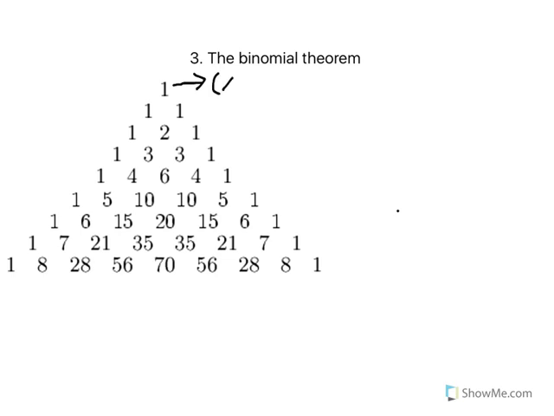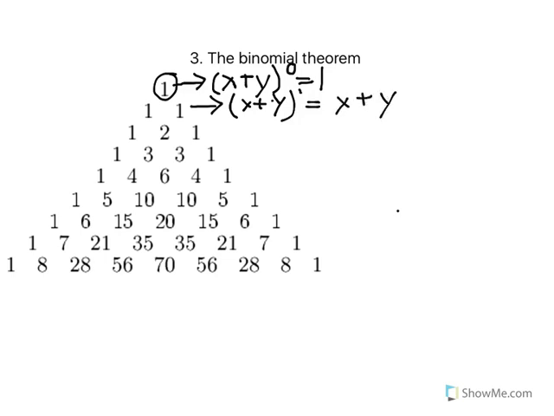So when we write (x plus y) to the 0 power, that equals 1. And there's the 1. Okay, now moving forward, the second row is the first power. So (x plus y) to the first power is x plus y.